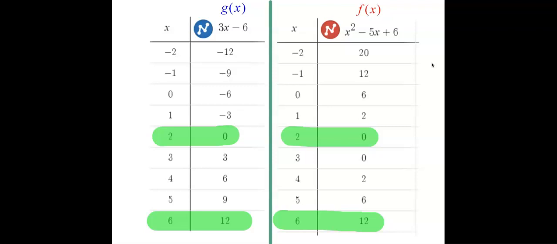Obviously, when one's increasing, one's decreasing, or when one's undefined, when one's horizontal. Or you could have infinite solutions when the lines are the same, they're stacked on top of each other. So keep that in mind also when you're using tables, because there may be more than one solution.